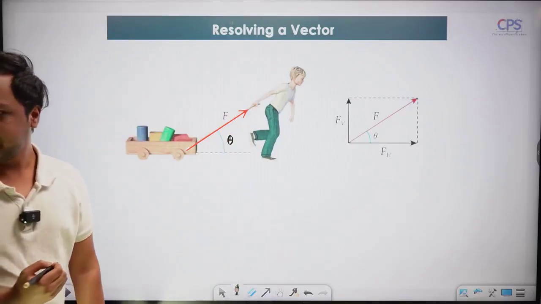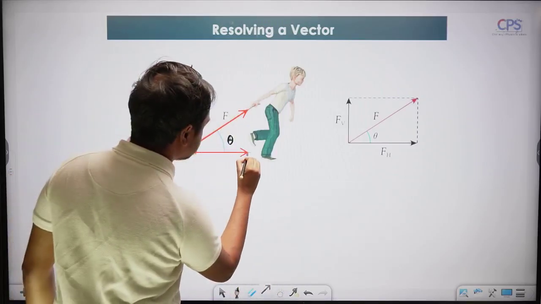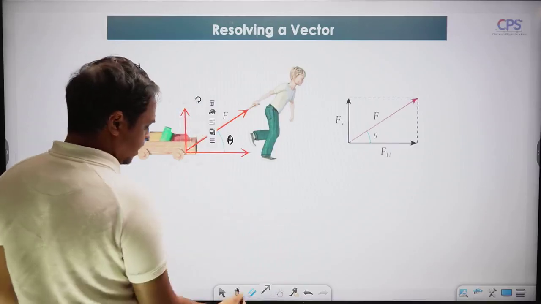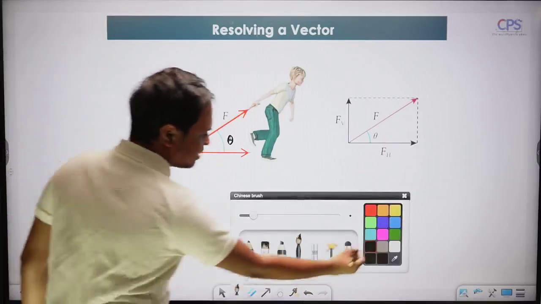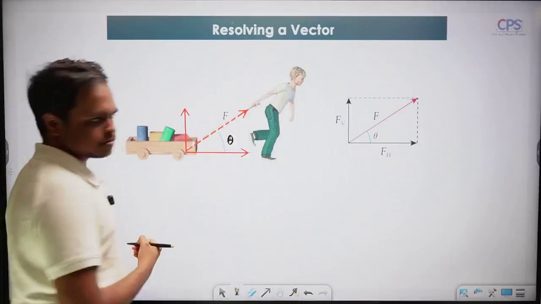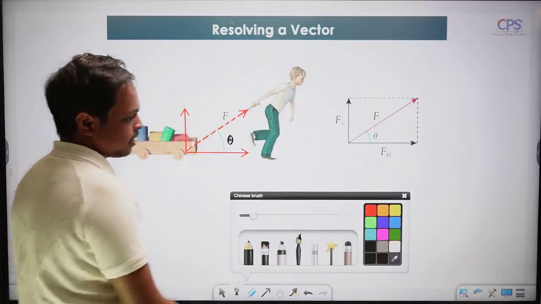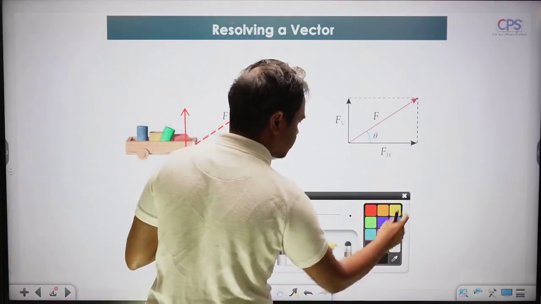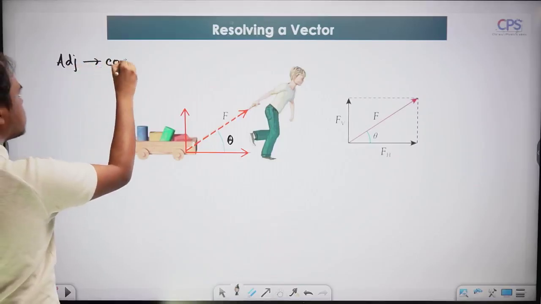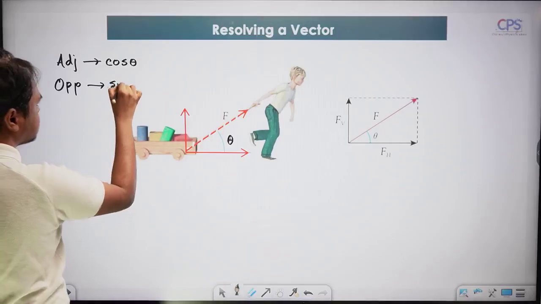So if we need to resolve it, then how can we resolve it? We can resolve it in two perpendicular portions. Those are perpendicular to each other. So we are resolving it, right? We are resolving it. So if this is F and this is theta, so for adjacent, remember, adjacent is cosine of theta, okay? And the opposite is sine of theta.